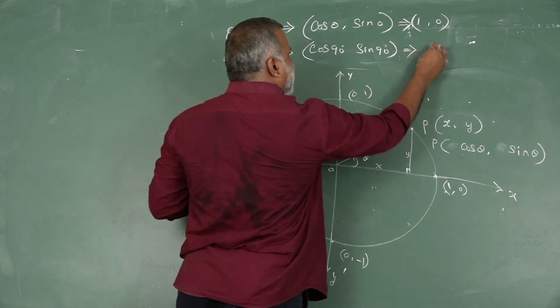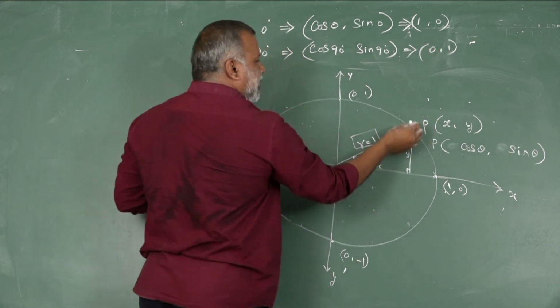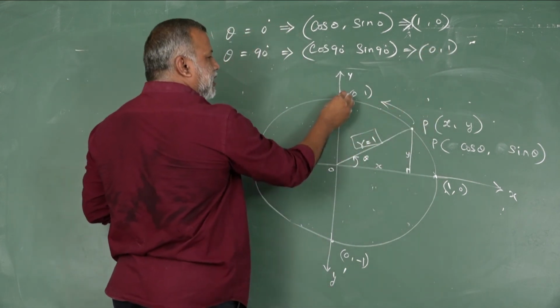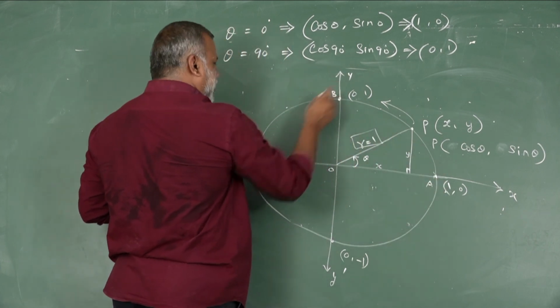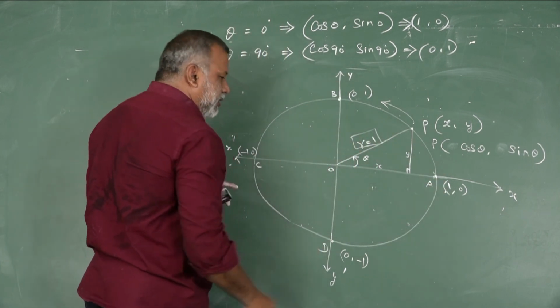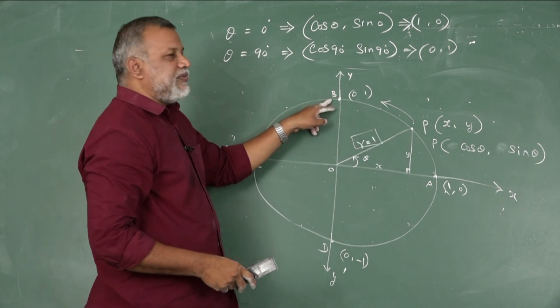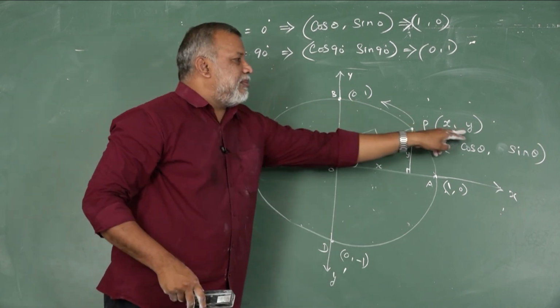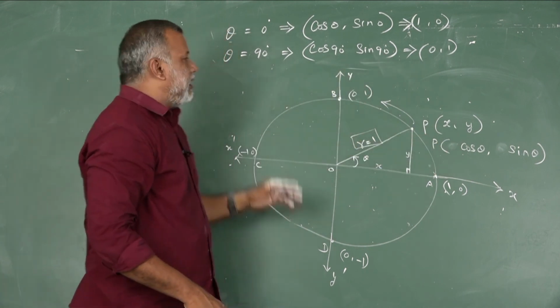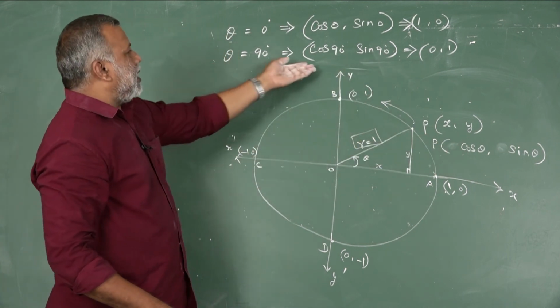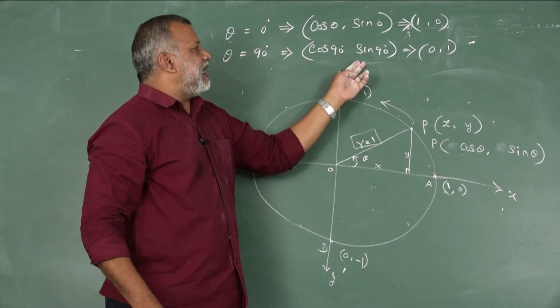So it becomes 0, comma 1. Here the point moves to this place and coincides with it. Consider this is A, consider this is B, then C, then D. So now the point P coincides with B. That means x comma y becomes 0, comma 1. Then theta becomes 90 degree. So we are able to work out cos 90 as 0, sin 90 as 1.